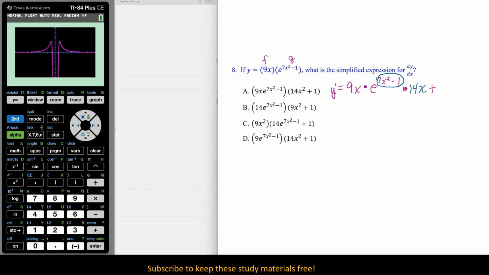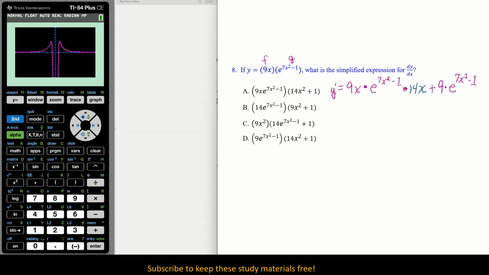Well, 9x prime, or the first derivative, is simply 9. So then we have 9 times g as is. So that's e to the 7x squared minus the 1. Okay, we've got a little bit of cleaning up to do. So let me get rid of this so we can see it better.